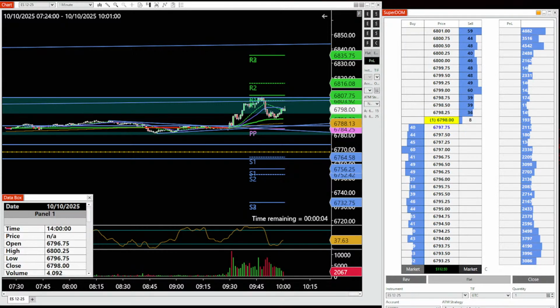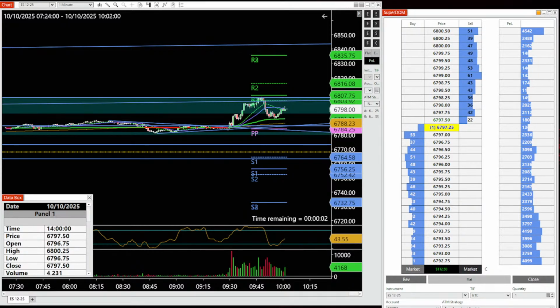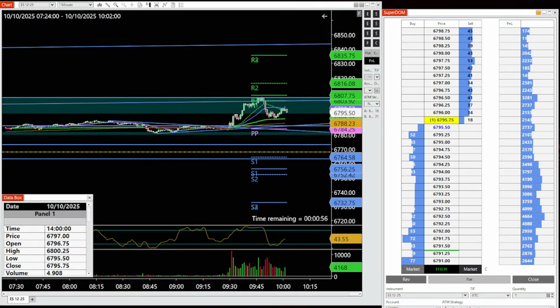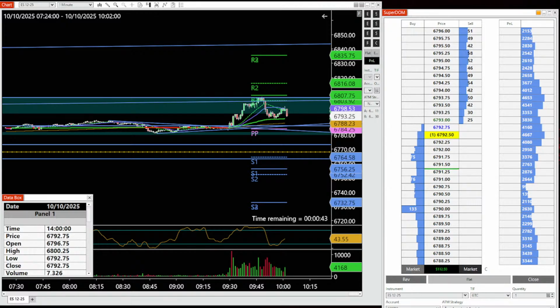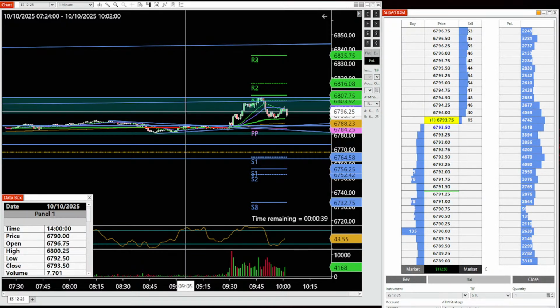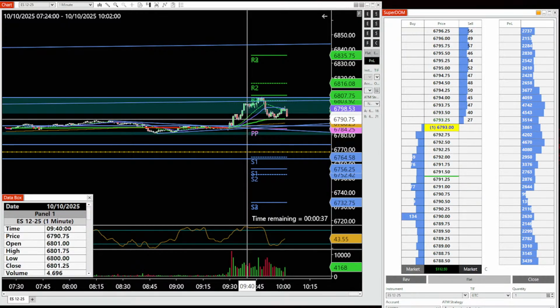Watching this 4-hour bar. Is it a non-movement event? Okay. Is it going to short or is it going to stay around here and just chop around here?